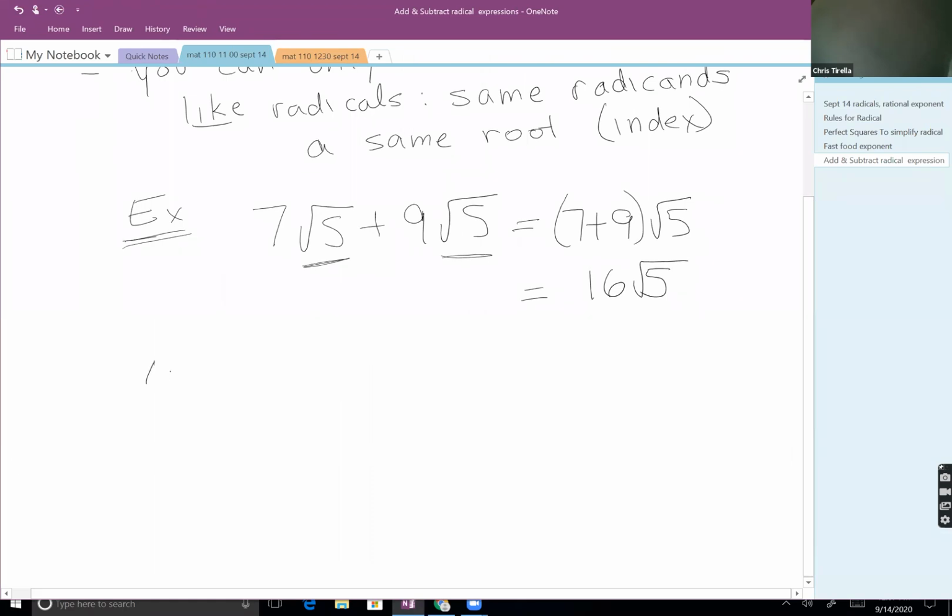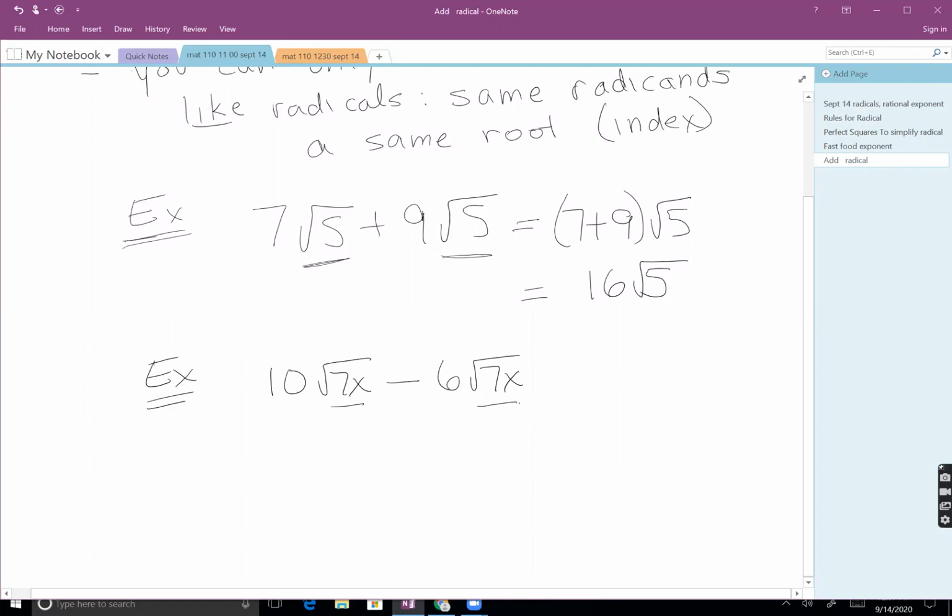Another example. If I have 10 radical 7x minus 6 radical 7x, are the radical parts the same? The inside, yeah, the inside's the same. Inside's the same, so it's going to stay the same.